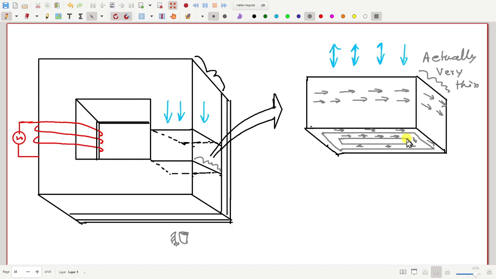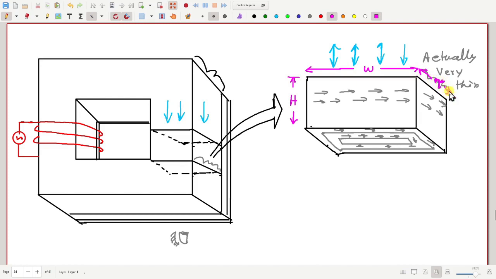Okay, so for that let me label this as, say, H. This height is H, then this dimension is suppose W, and the other dimension, suppose that is tau.